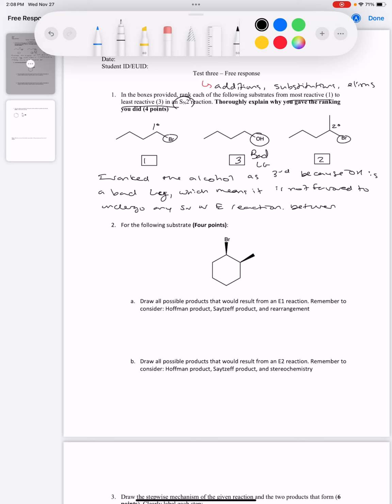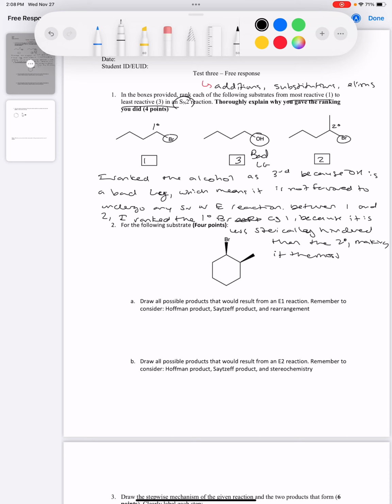Between 1 and 2, I ranked the primary bromine as 1 because it is less sterically hindered than the secondary, making it the most reactive of the three.